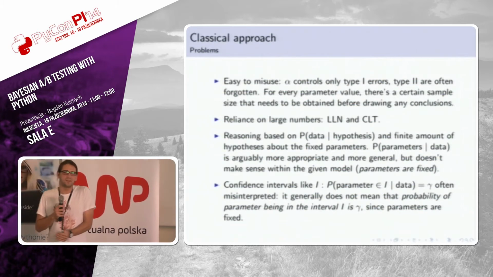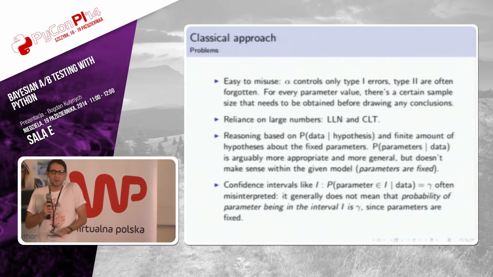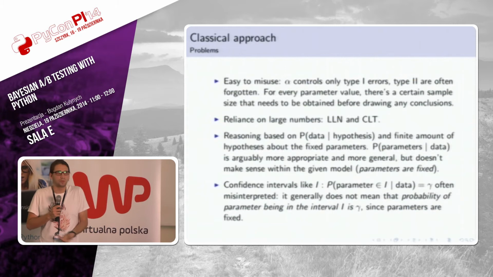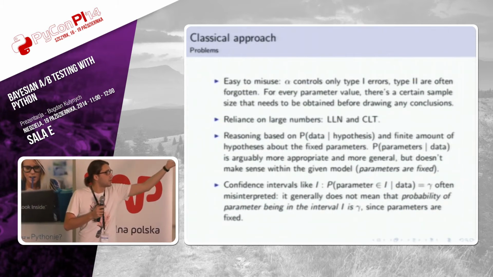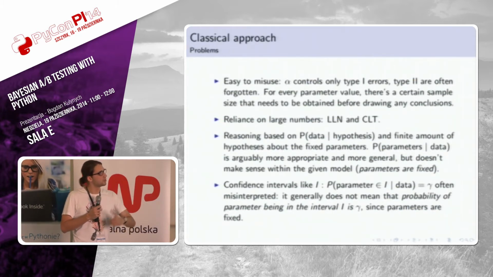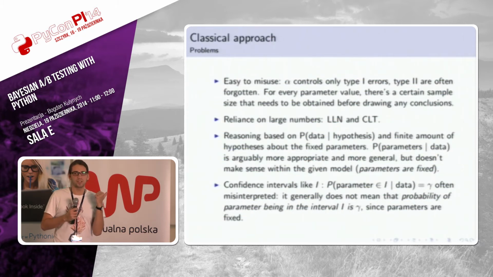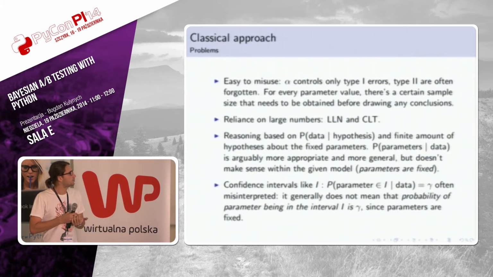The data is fixed, and the parameters, we don't know them. We want to find the probability of parameters, the distribution of parameters. Obviously, in this model, this doesn't make sense because the parameters are fixed. They're just some numbers that we assume to be fixed, but we don't know them. And that's where the Bayesian approach comes in, with changing the definition of probability.